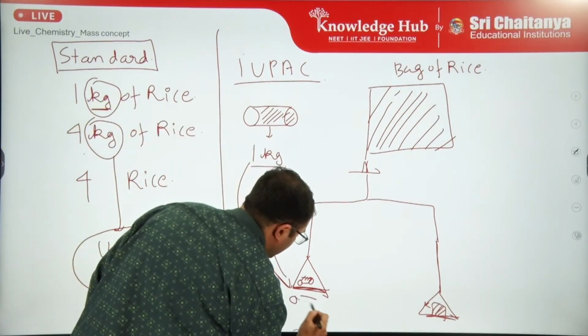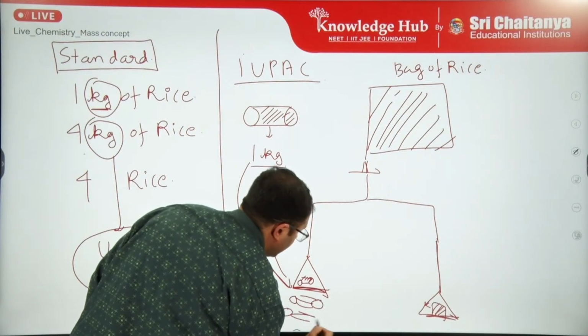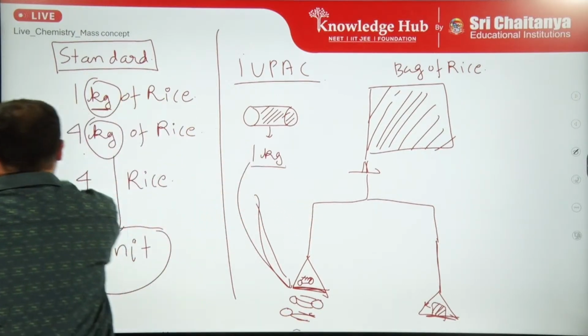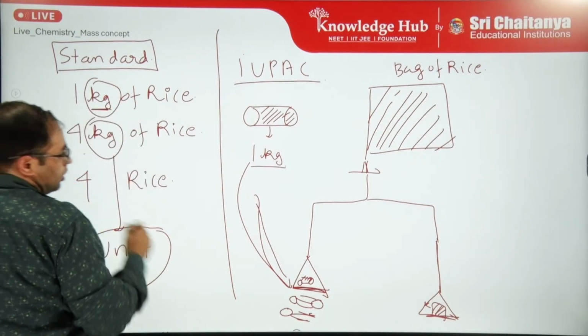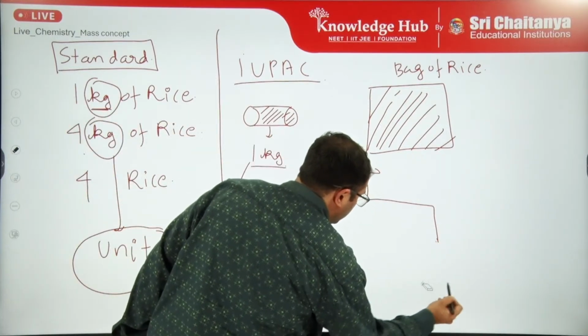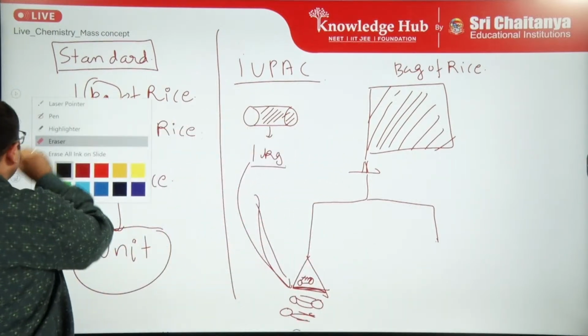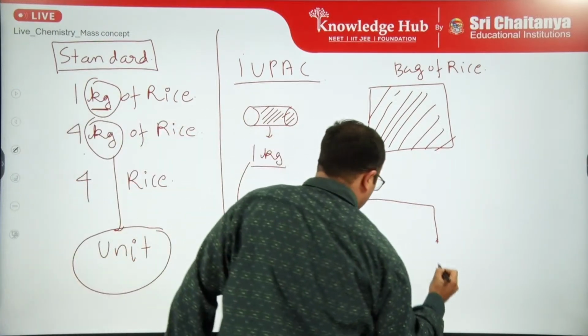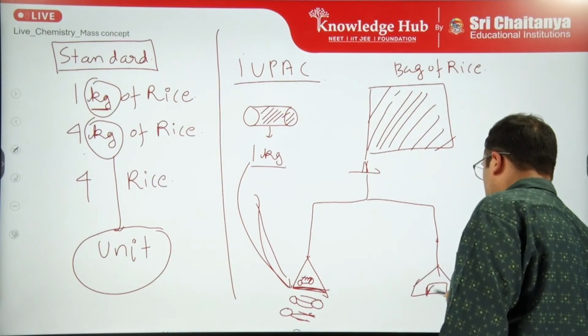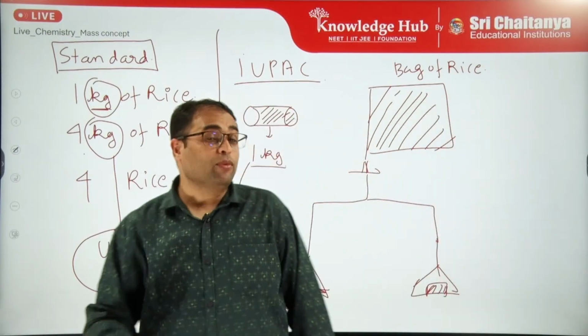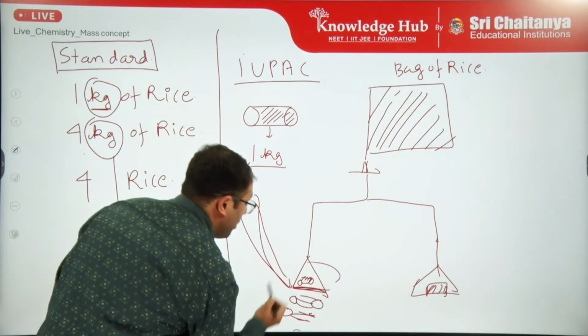Like 1 cylinder, 2 cylinder, 3 cylinders until both of them come to the same level, right? Until both of them come to the same level. When they come to the same level, I will count the number of cylinders here.